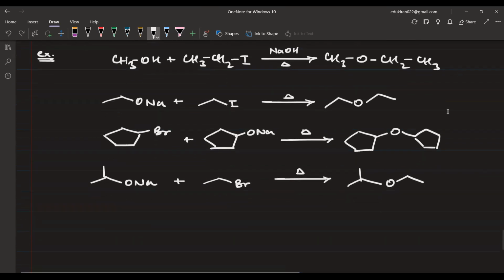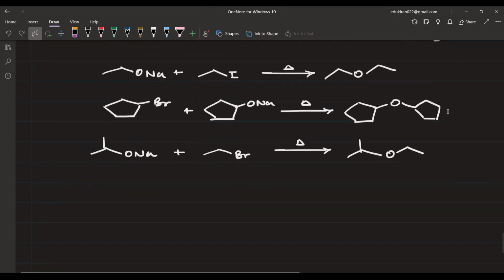Okay, fine. Now there are a few things that we need to know regarding this method. So please write, first point, some remarks.